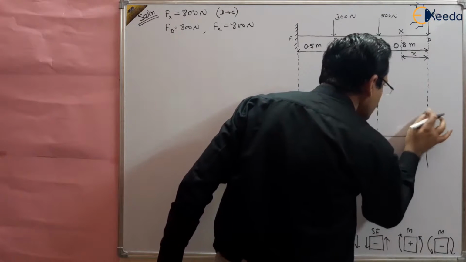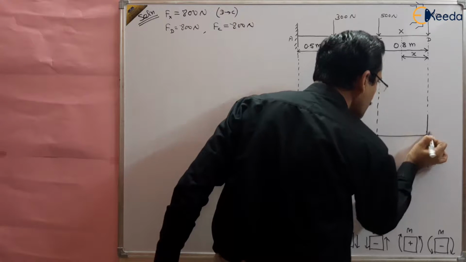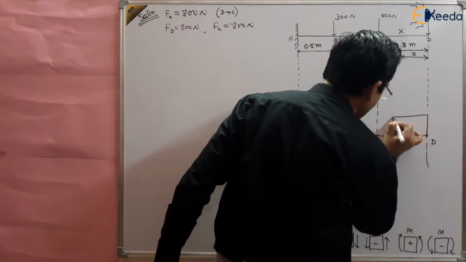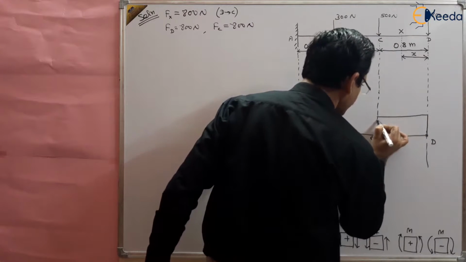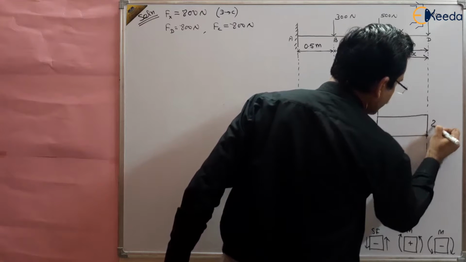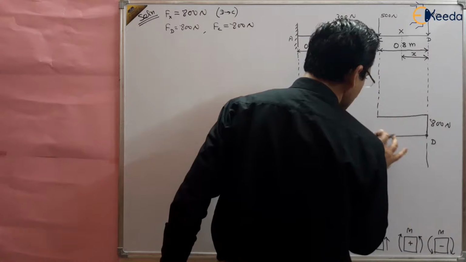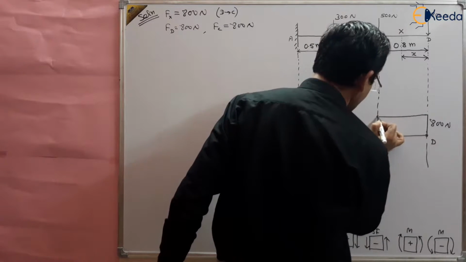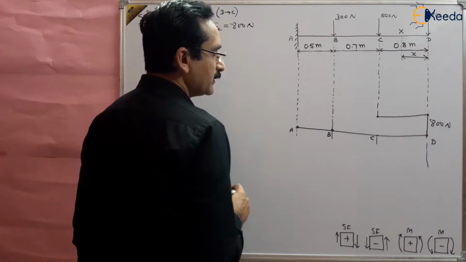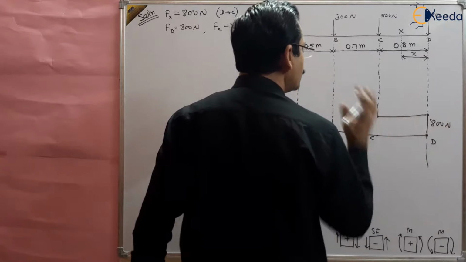So 800 Newton is like this up to this point, and this is uniform from D to C. This much force is achieved up to this point, so this is the force between D to C.